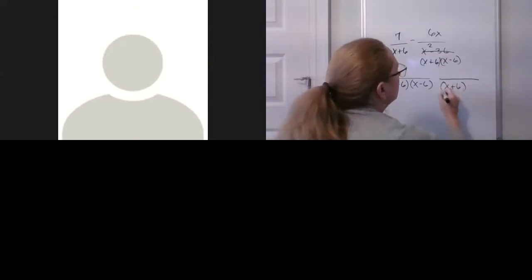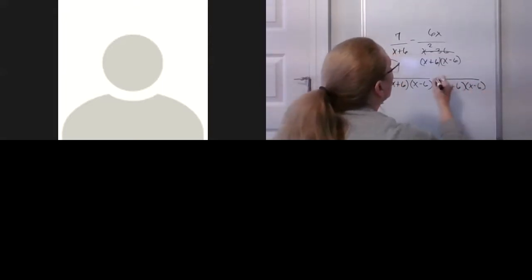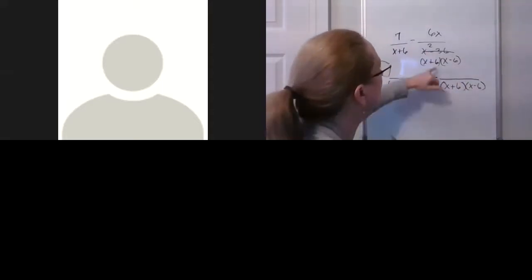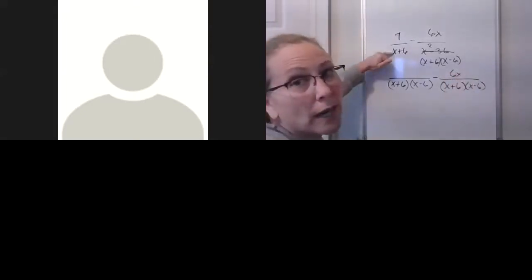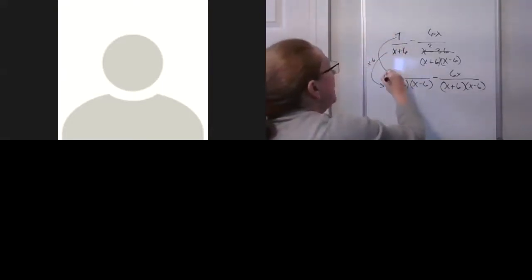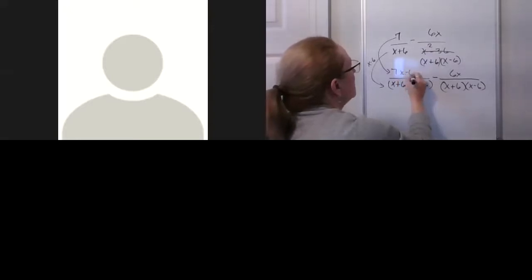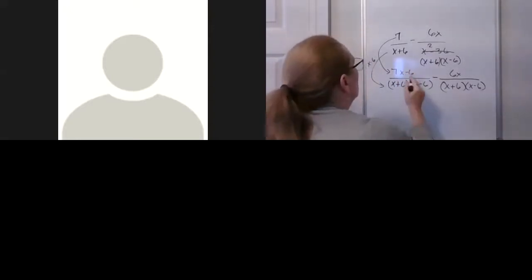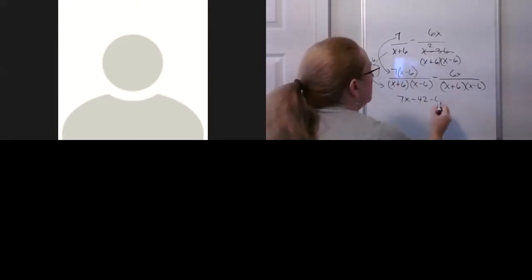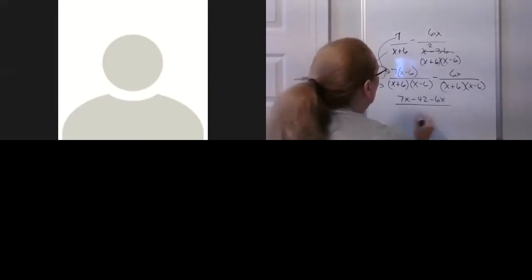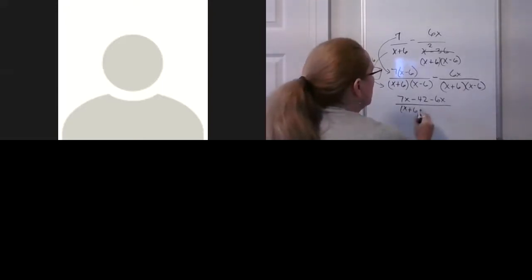And on the right, we have subtraction. Since this one is the same, this stays the same. Over here, we have x plus 6, but we don't have x minus 6, so that's what we would multiply by. And so now 7 times x minus 6 gives 7x minus 42 minus 6x, all over x plus 6, x minus 6.